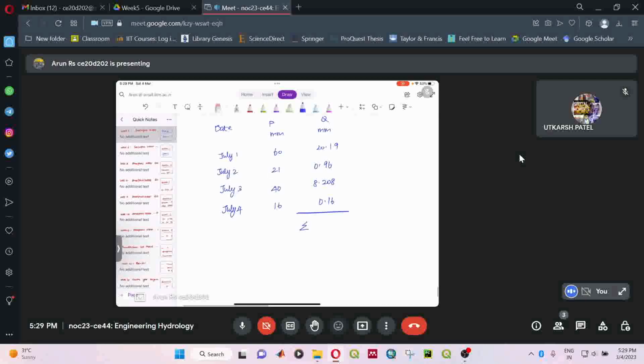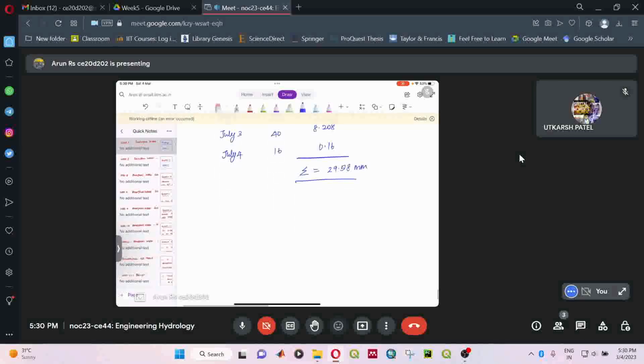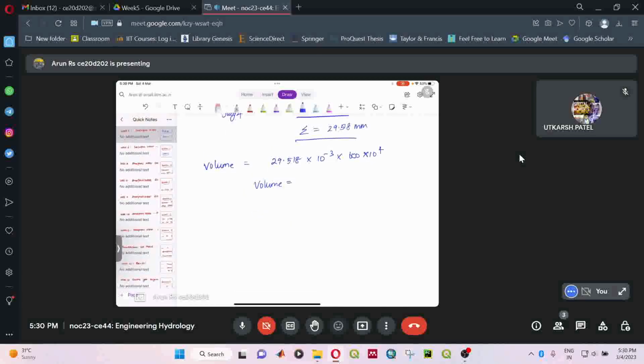So again, we are taking a sum. Volume. So this is the volume generated in the second case.